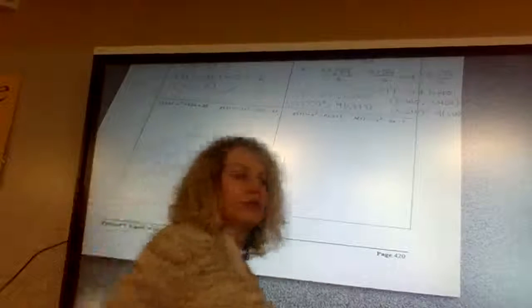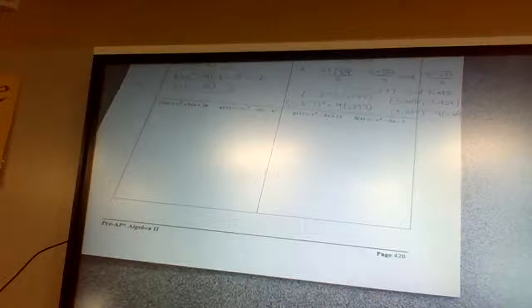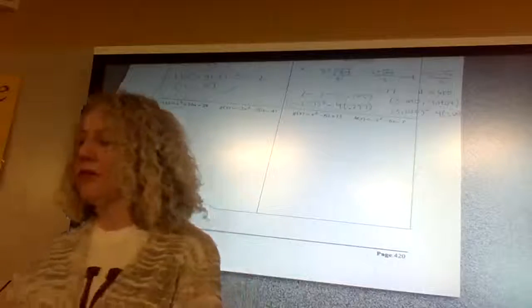Let me see what you have. Did you put negative 277? That's the problem. You didn't use parentheses. You have to use parentheses with negatives or you will get the wrong answer.